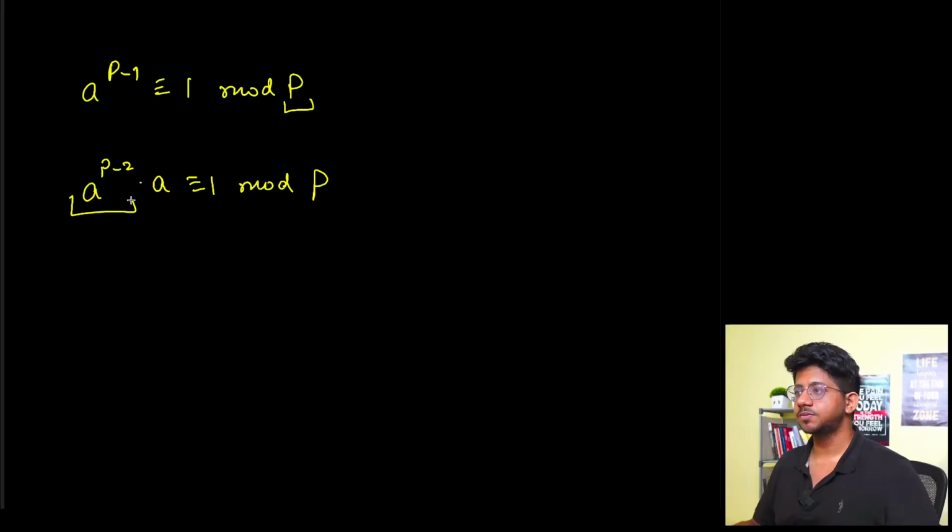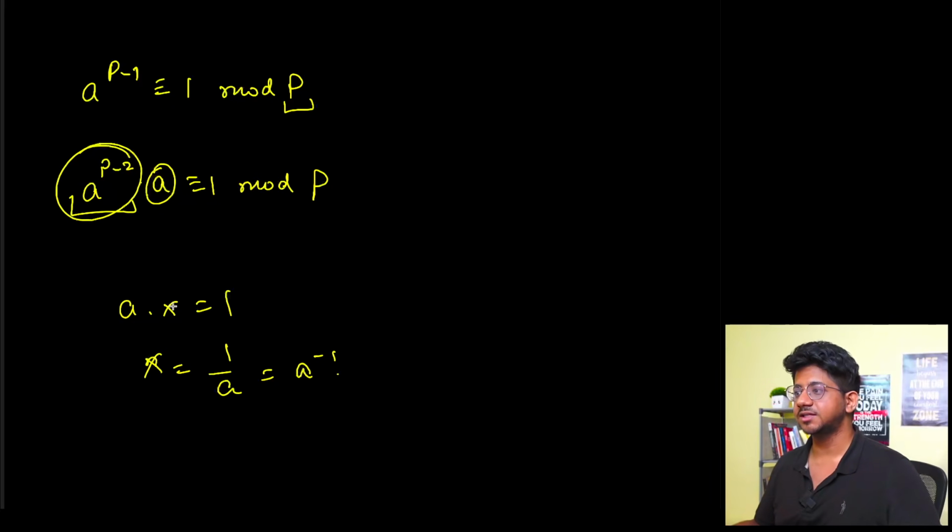Now, if you see this particular term over here, think about this, A into something is 1. So can I say X is nothing but 1 by A, or nothing but A inverse, right? So this is a term which we will just frame as a valid value of A inverse.